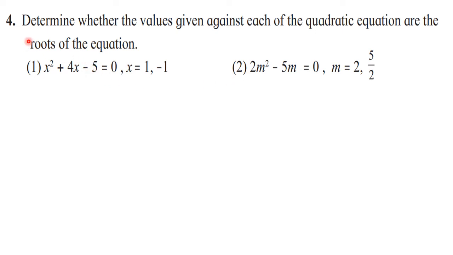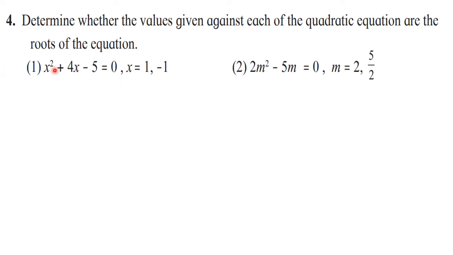Now, when we discussed solved examples, that time I told you that whenever the word determine whether or check whether comes, you have to solve only the left hand side. Okay, that means you are going to find only the value of that polynomial which is present on the left hand side. You are not going to consider this equal to 0. After finding this value, you are going to compare it with the right hand side.